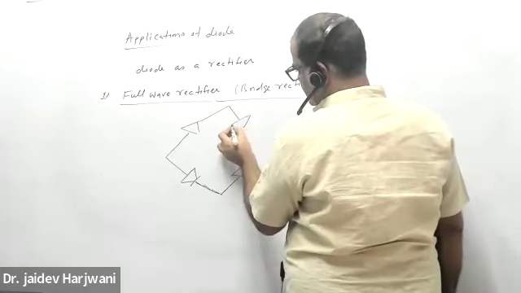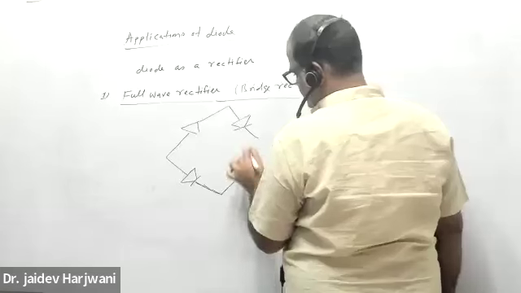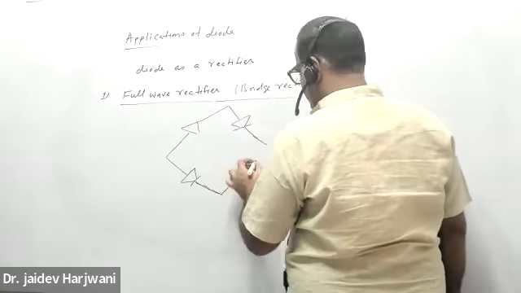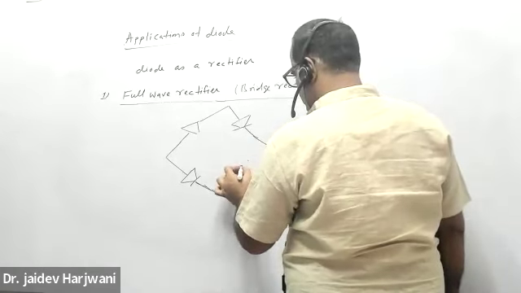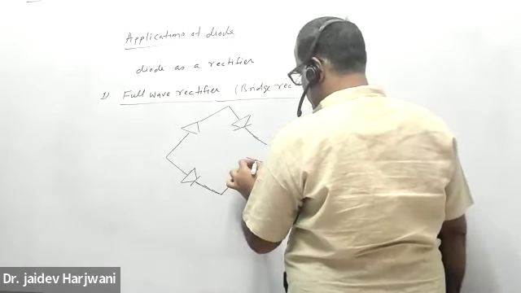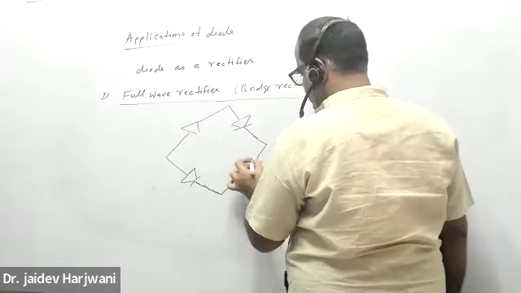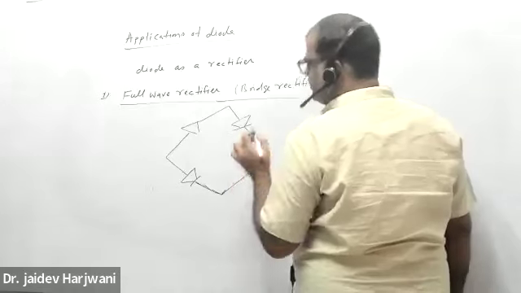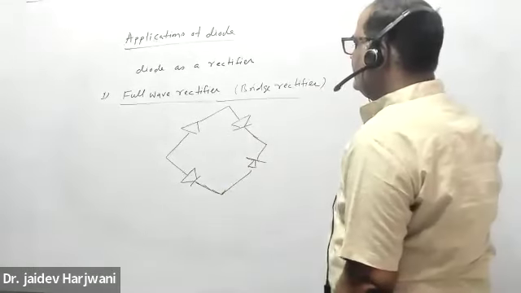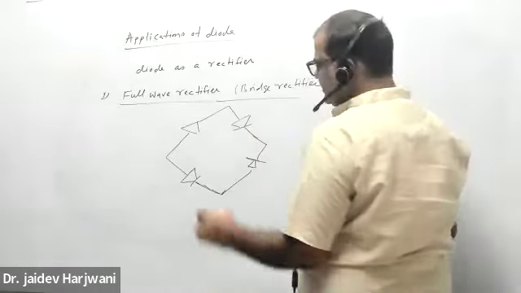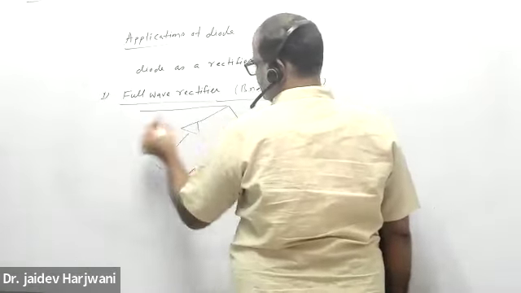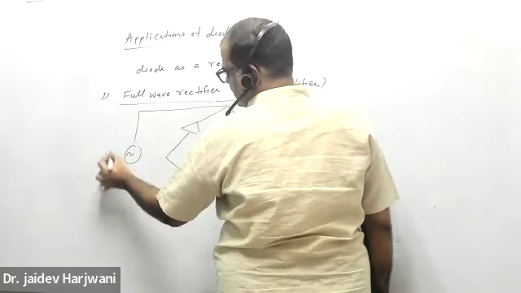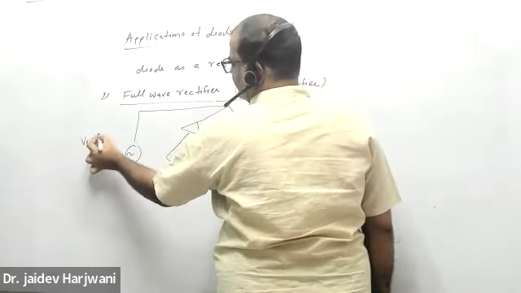This is your diode. So this is the bridge type of rectifier. And now I'm applying AC here, supplying the source here. AC V input I'm applying here, and V input is your Vm sine omega t.